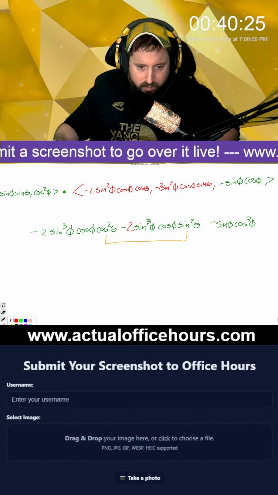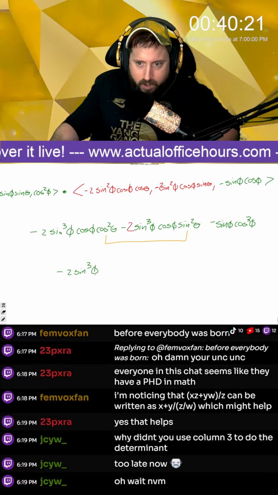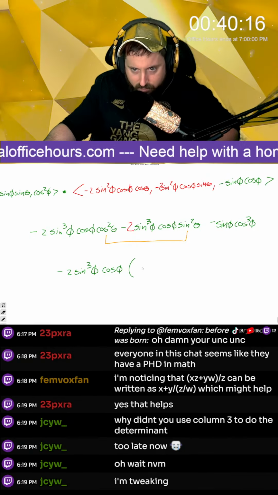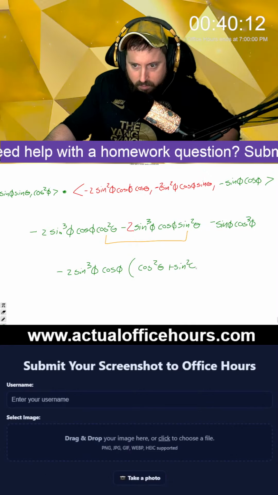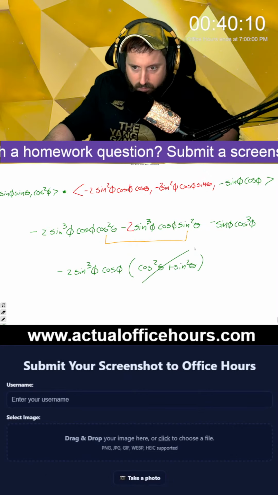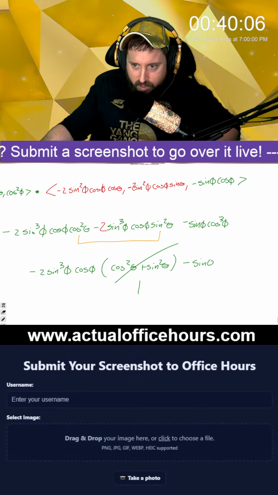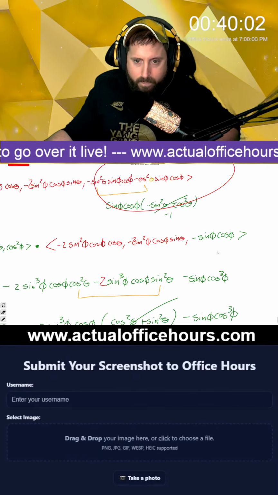I can pull out negative 2 sine cubed phi cosine phi, and then this is cosine squared theta plus sine squared theta. This is 1. And then this is minus sine phi cosine cubed phi. Okay, very cool.